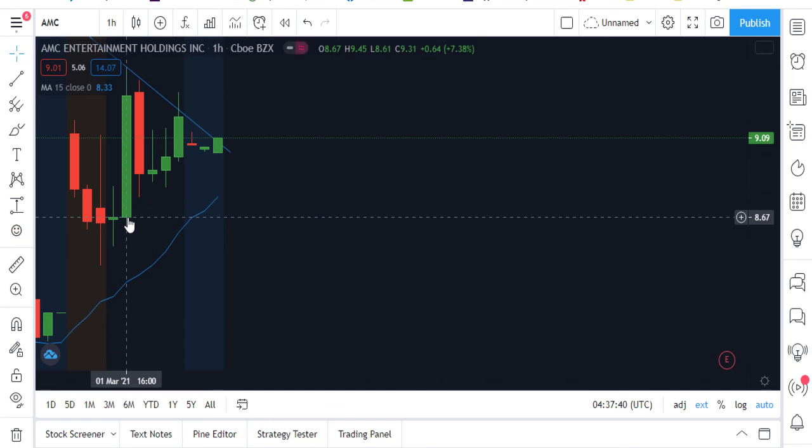If it opened there, it dropped down. Yeah, because this closed right here. So it opened, dropped, went all the way up to hit the high, came back down.